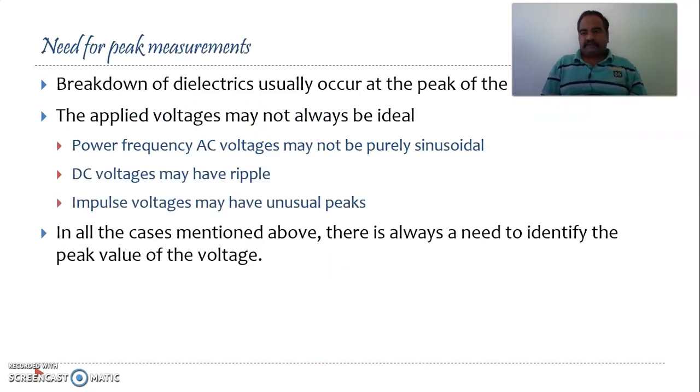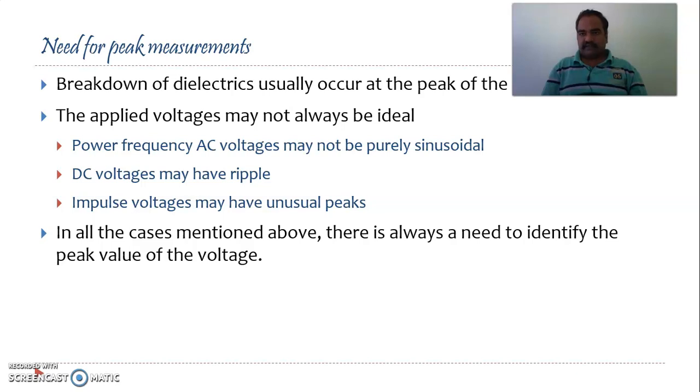Moving on to the introduction, there is always a question of why to go for peak measurements. As we have seen in our first unit, every dielectric medium experiences a breakdown based upon the incident voltage. The applied voltages may not always be ideal. AC voltages may not be purely sinusoidal all the time; they will contain harmonics.